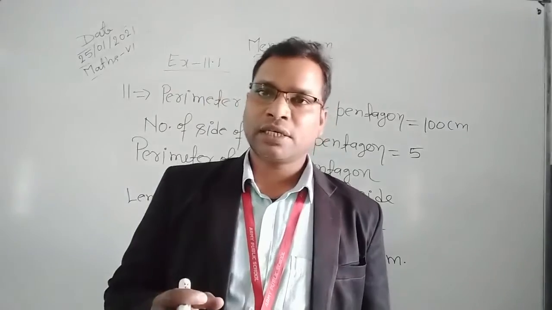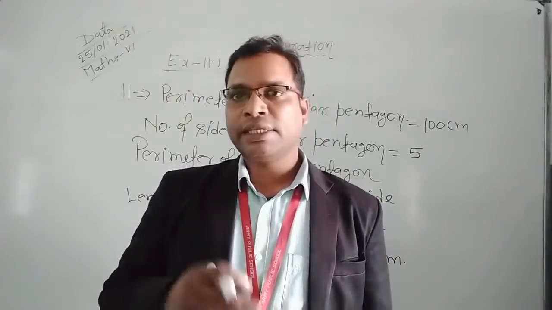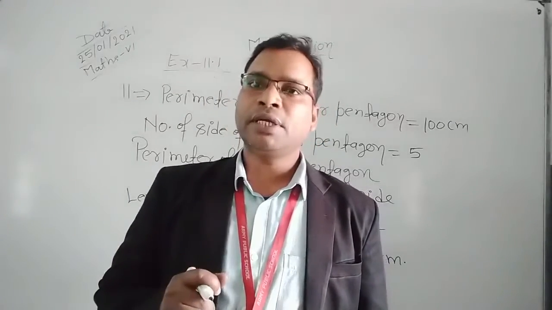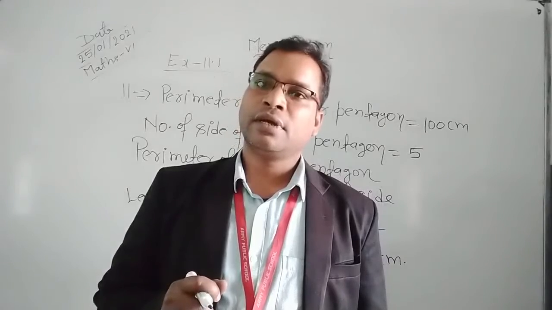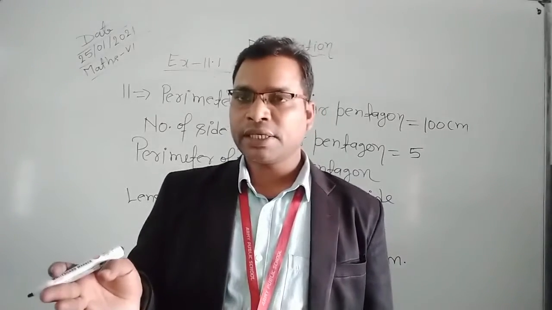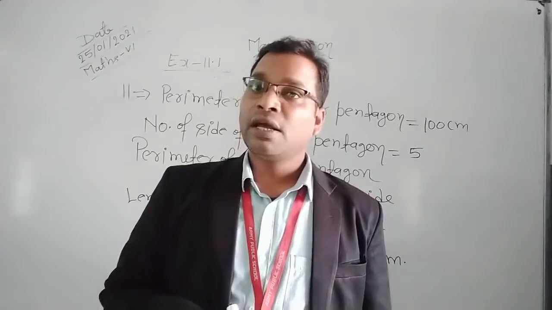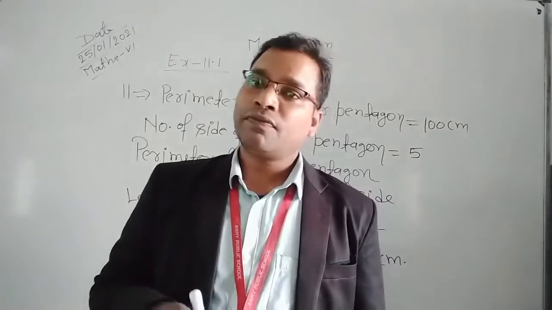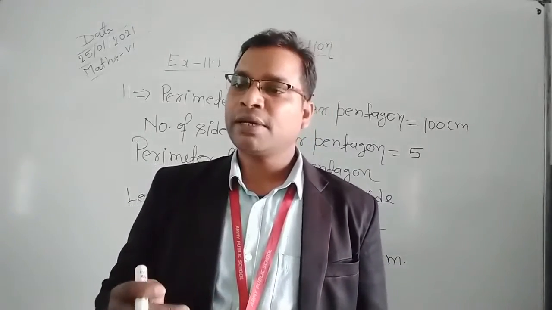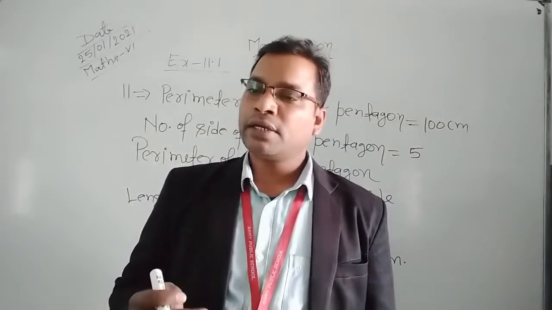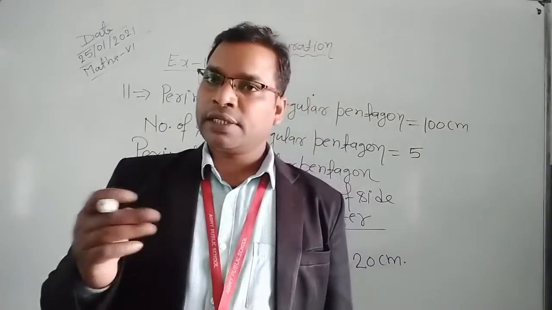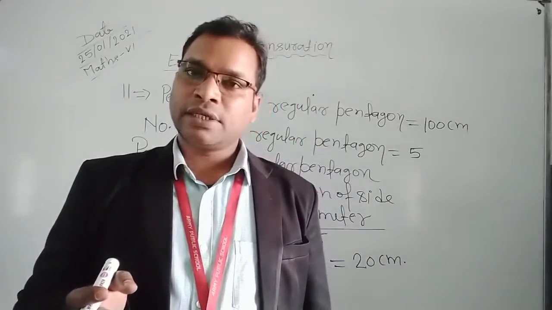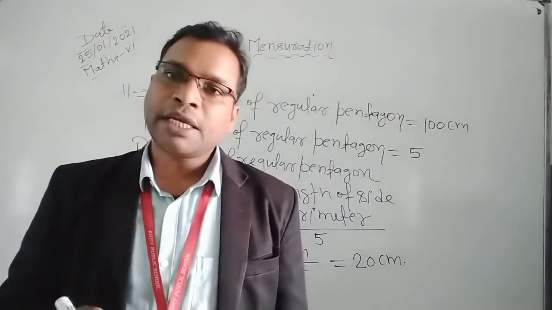If you construct an equilateral triangle by this string, so perimeter of the equilateral triangle is what? Obviously you can say the length of string, this is 30 centimeter. Again, if you make a square by this string, so what is the perimeter of square?